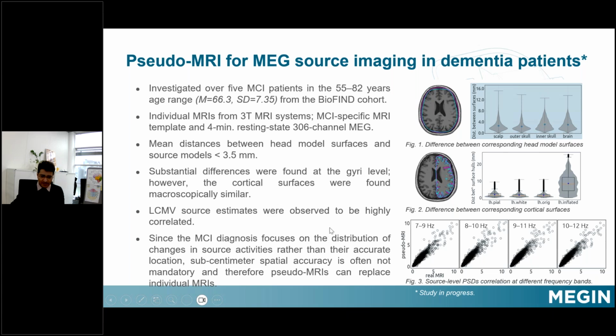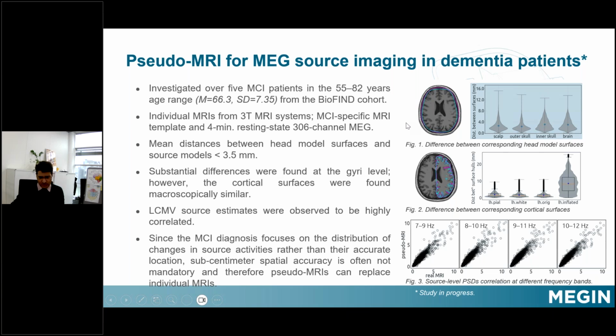The result in this study shows that the pseudo-MRI can be used for MCI patients. Of course, in this case, we used a specific template for MCI patients. It was a specific MRI template, and that was provided and I think referred to in the poster as well, where you can find it.